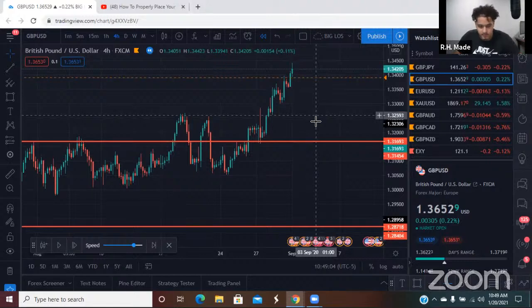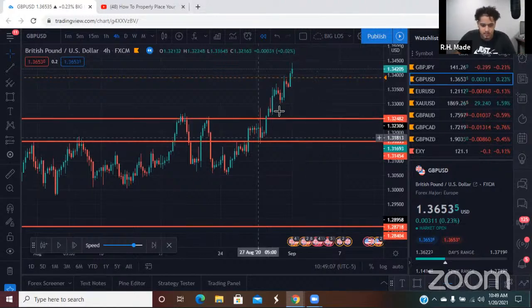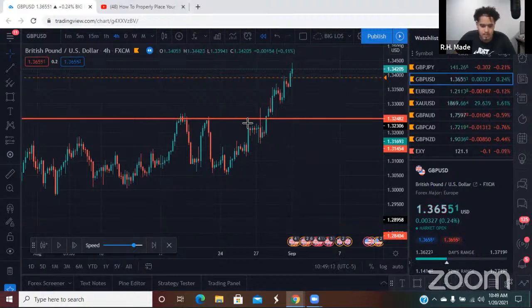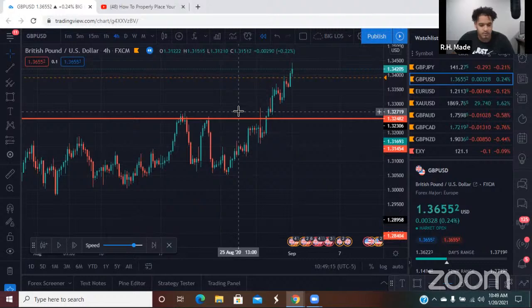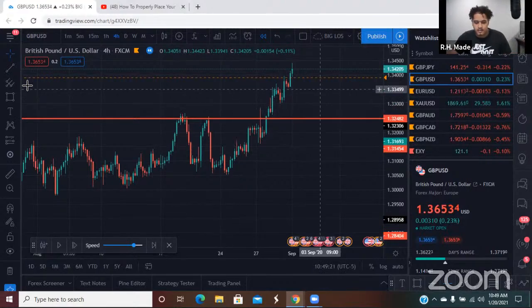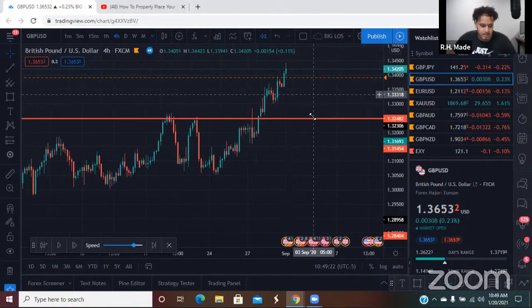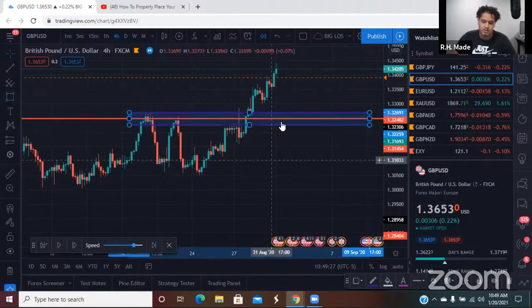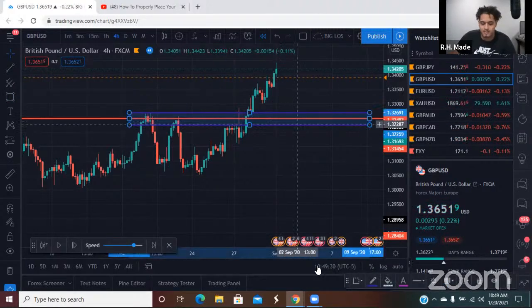Right, we have it. Let me just delete the line so no one gets confused. So you have a line of support. Okay, so we know that bulls buy at support, right? So we don't want to be in the market for a sell at this point in time.